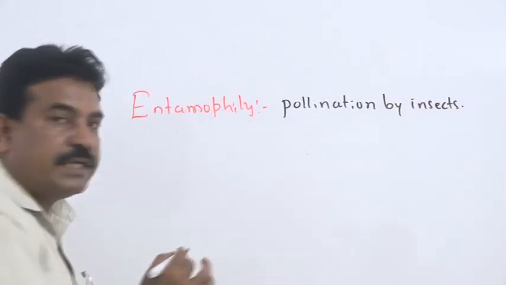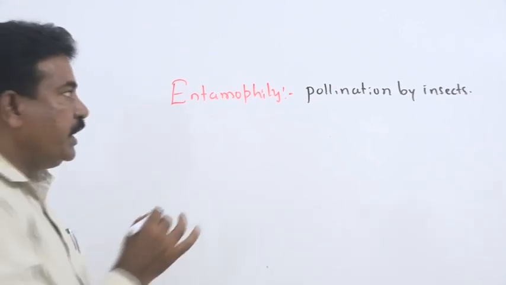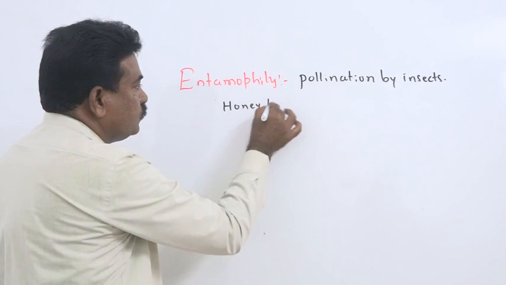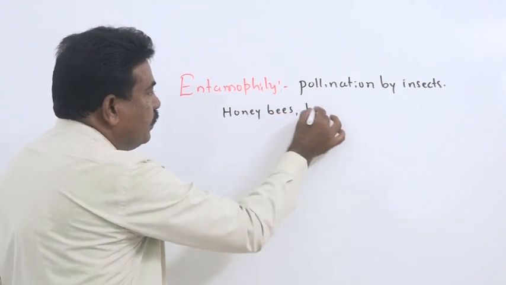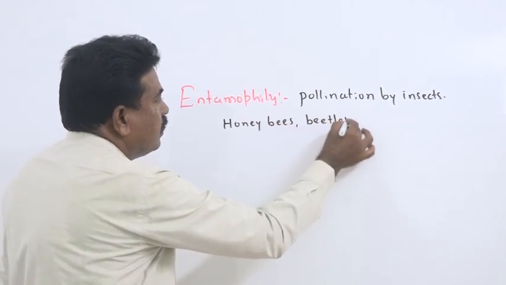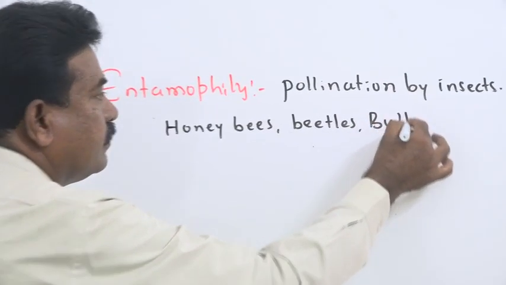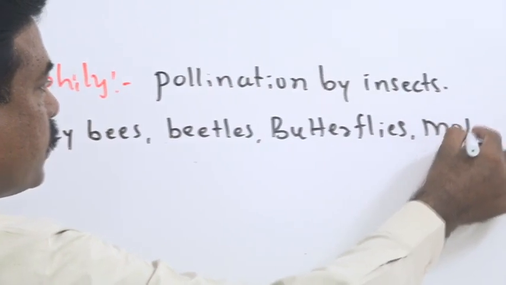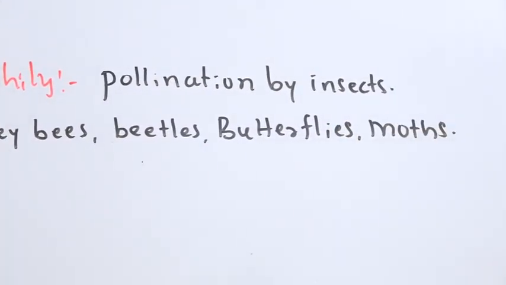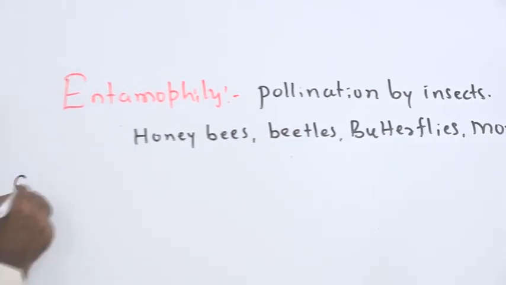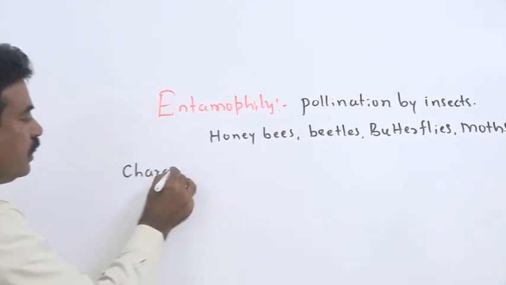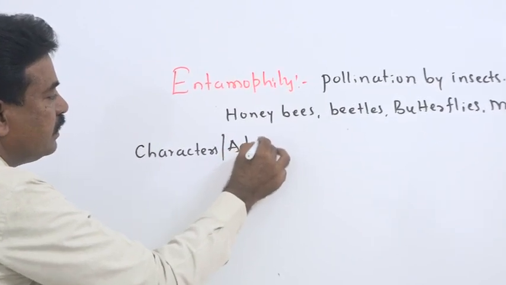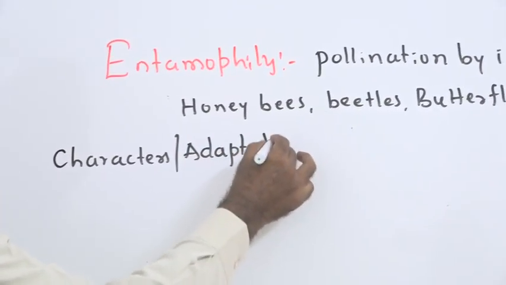The major insect groups involved in pollination are first honeybees, then beetles, butterflies and moths. Therefore, the entomophilous flowers have some important adaptations that we also consider as characters.